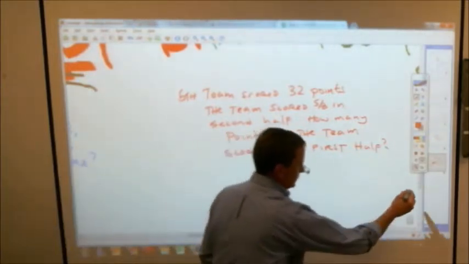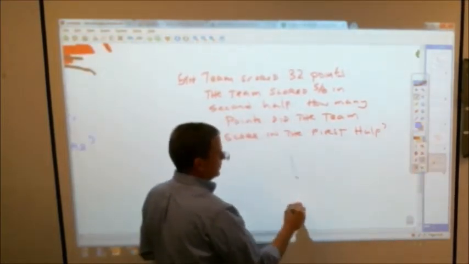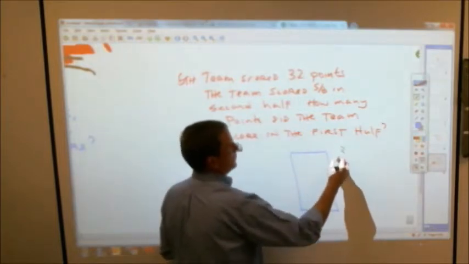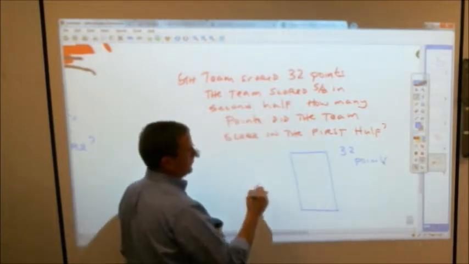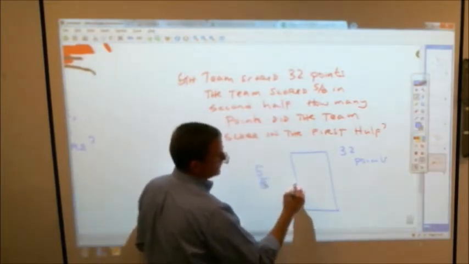When we do this, you still do it the same way. So here is my little rectangle, which stands for how many points? This is 32 points. I can still write down my fraction 5/8. Because if I cut this into 8 pieces, let's do this.